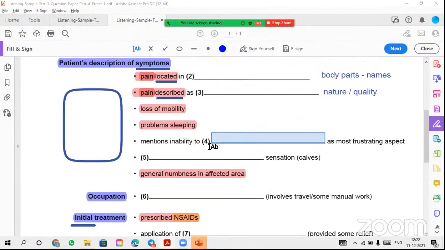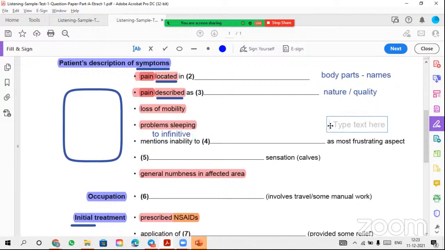Another one here. Mentions inability to. Now this is a to-infinitive. To-infinitive means incomplete action. This refers to incomplete action. I want to play, but did I play?